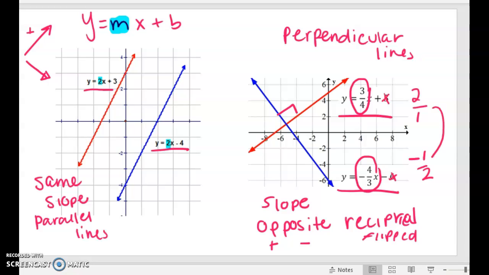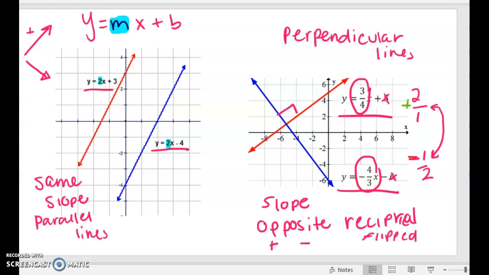So try to think about how maybe 3 over 2 would look. How would 4 over 2 look? Just thinking about that: opposite, one is positive, one has to be negative, and the slopes are flipped, meaning that the numerator becomes the denominator and vice versa.